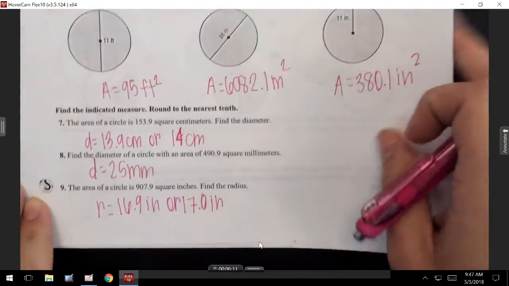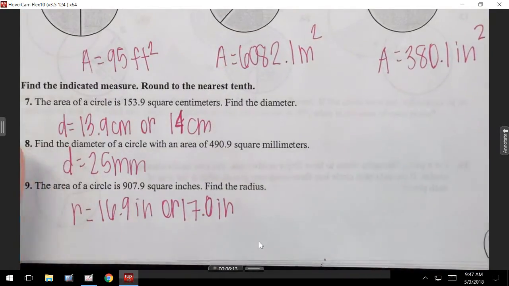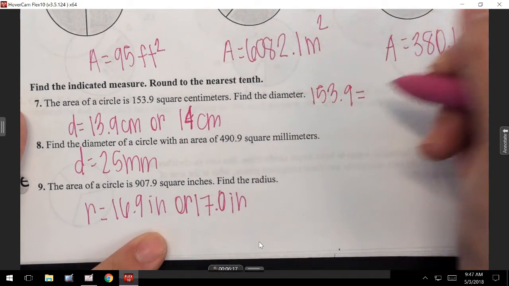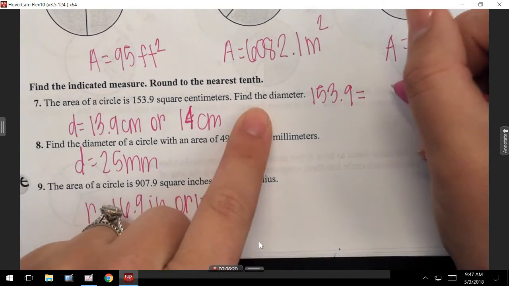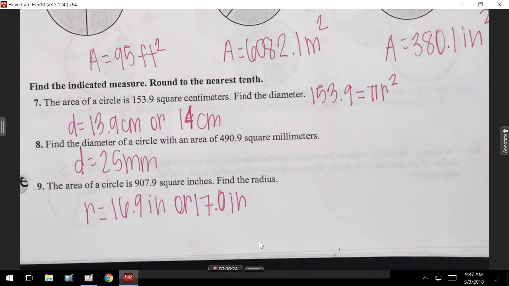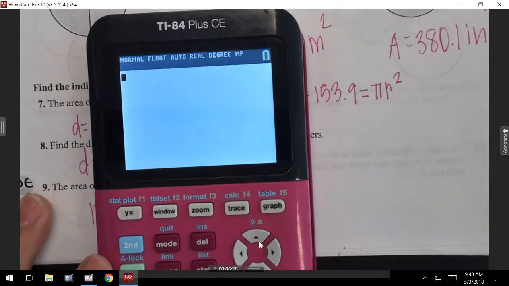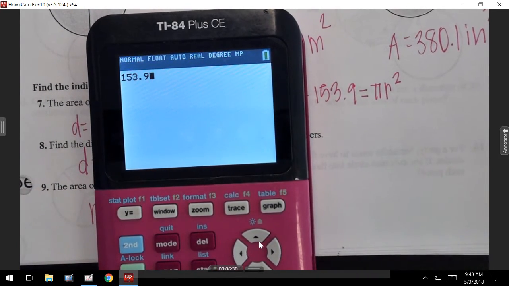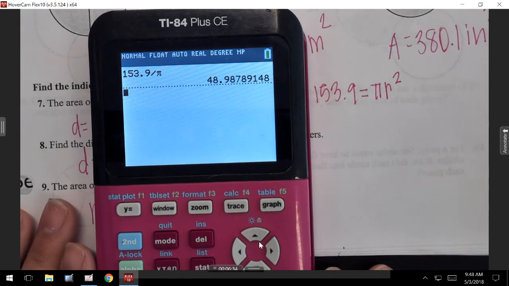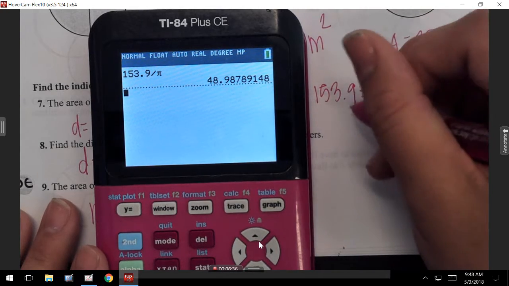These are a little different, but I think it's doable. You're given the area is 153.9, and you want to find the diameter. So pi r squared equals the area, and we need to solve for r. What's my first step? Divide by pi. So 153.9 divided by pi gives me that. Now I'm going to write answer right here.